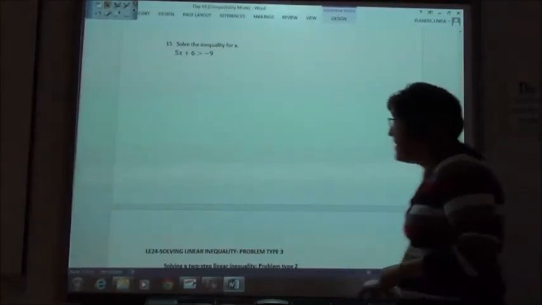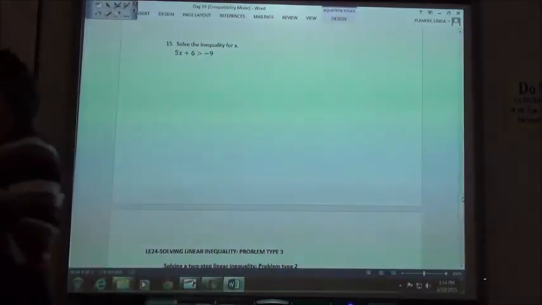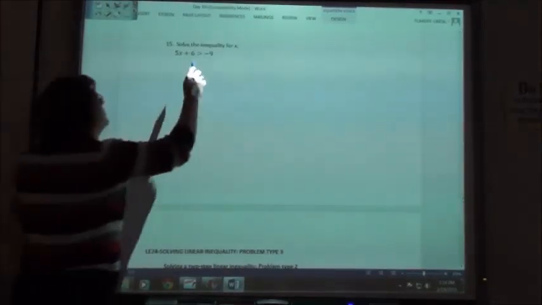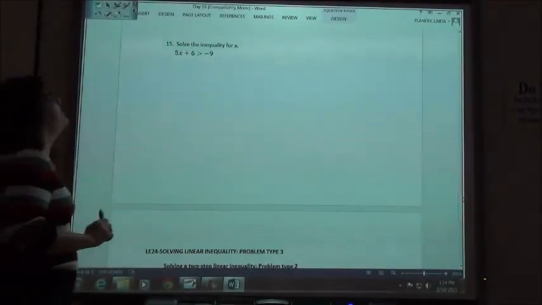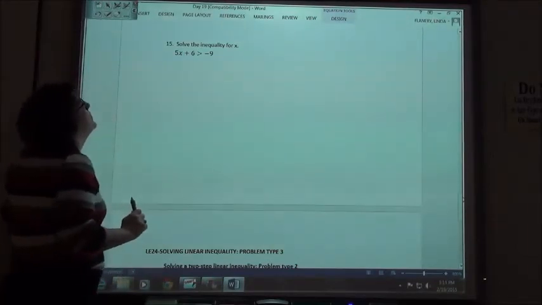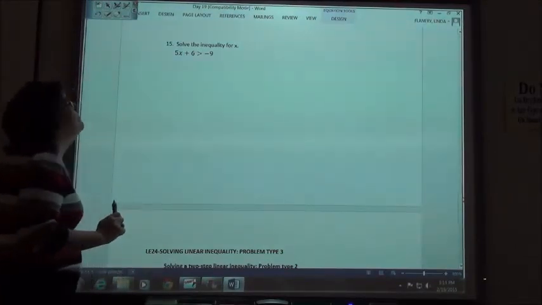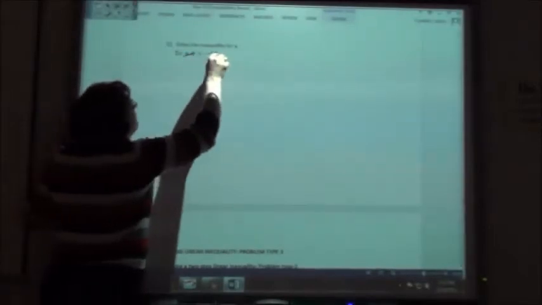So number 15, if I'm going to solve that one for x, I'm first going to... Was that less than? This is a greater than. 5x plus 6 is greater than negative 9. So first thing I want to do is subtract the 6.